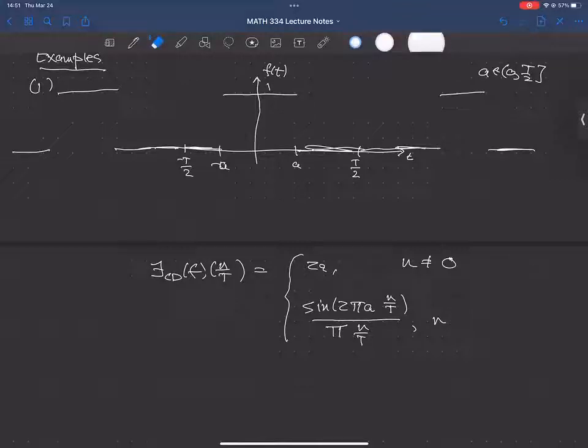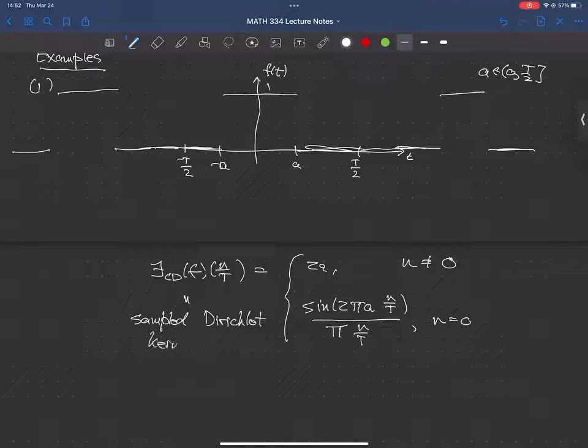Here it's n equal to 0. Okay, so we make an observation here, and that is that this is exactly equal to the sampled Dirichlet kernel that we had talked about previously. That's an interesting little fact.